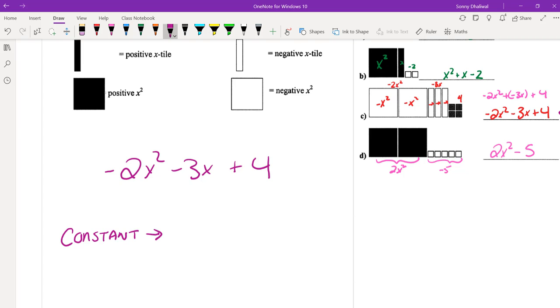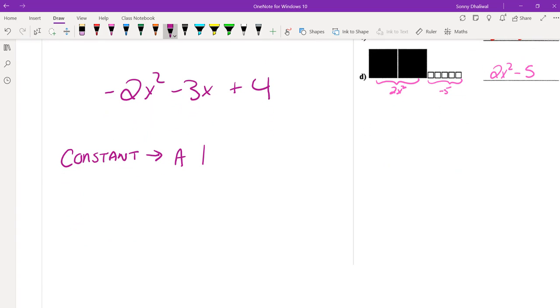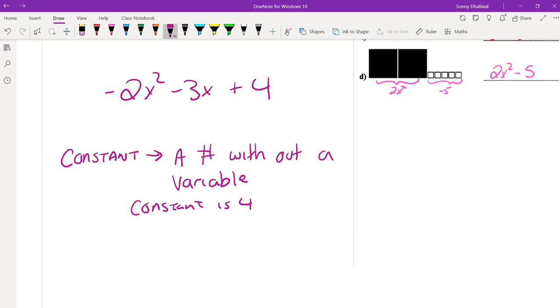It means consistency, a number that doesn't change. So in an expression, this is a number without a variable. In the expression above, what would the constant be? 4. The constant is 4.